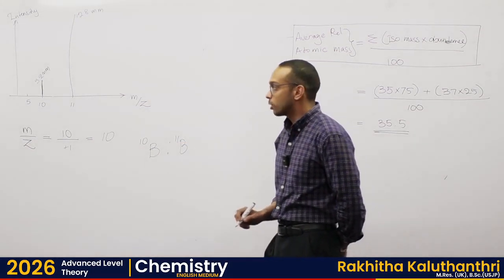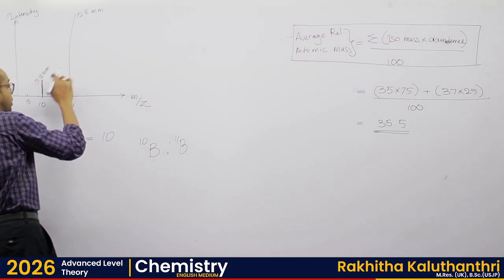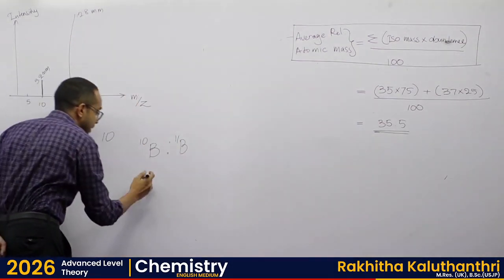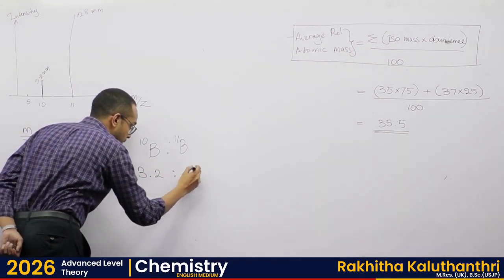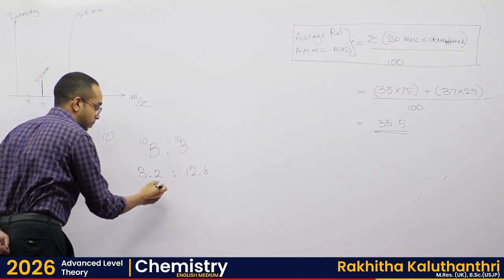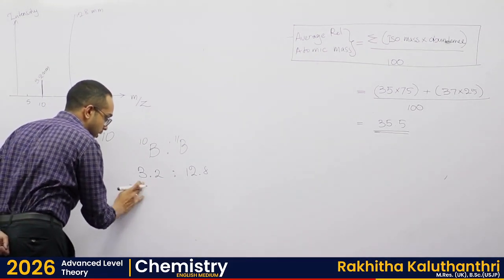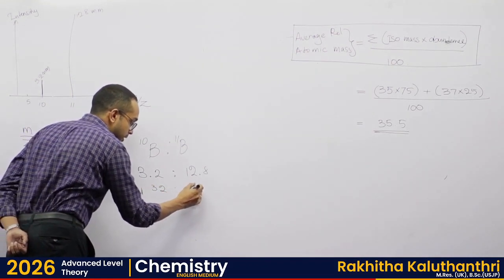Okay? So now what is the ratio? 3.2 to 12.8. If you don't like to solve it while keeping it as decimal numbers, you can write this as 32, this as 128.